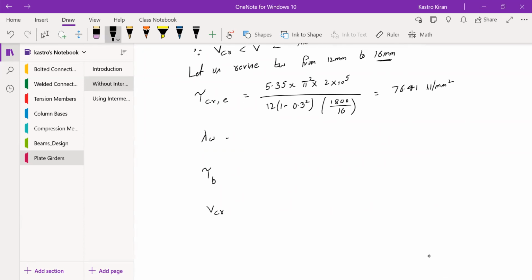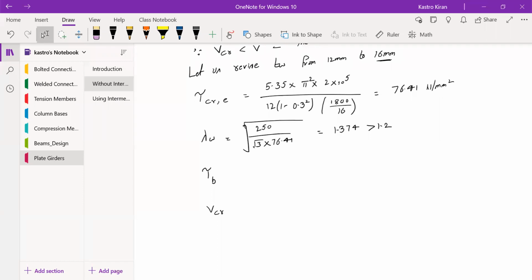And then you have to find the lambda W value using the same formula: fy upon root 3 into tau CRE, that is 250 upon root 3 into 76.41. If you solve this, you will get the lambda W value as 1.374, which is again greater than 1.2. So there is no confusion here.